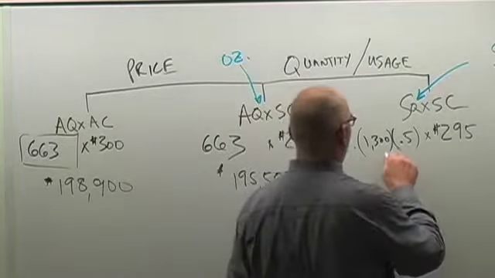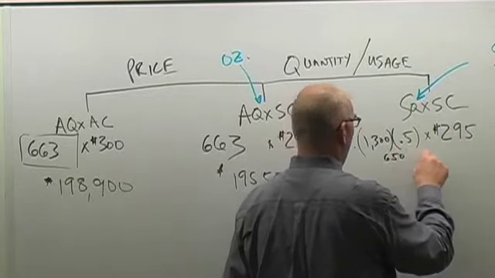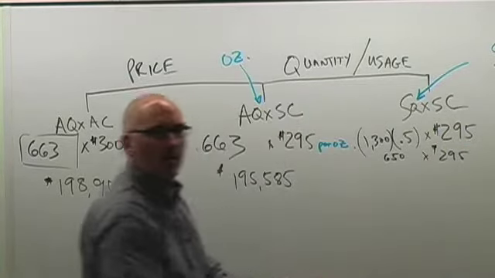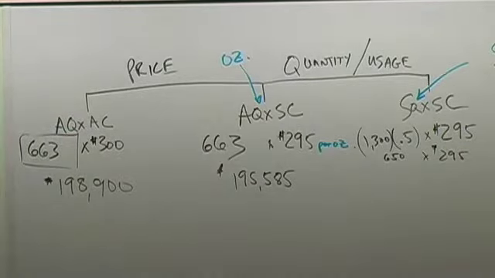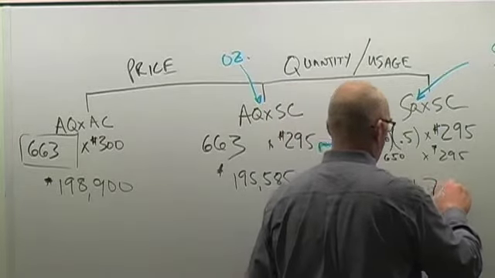Well, you do part of it, because this is going to be 650 times 295. What's that math equal? Ekta, do you have that calculated? Brittany, are you working on it? It's 191,760. Okay.